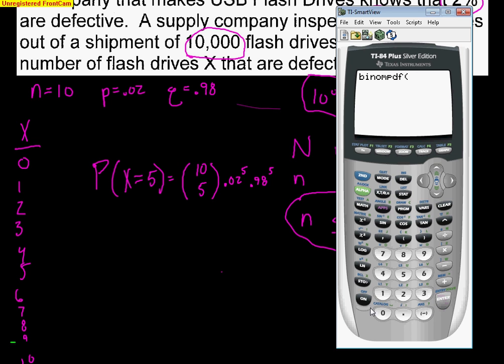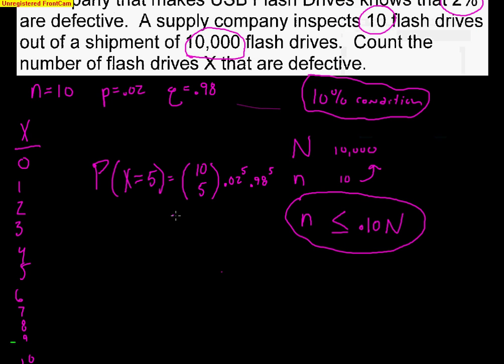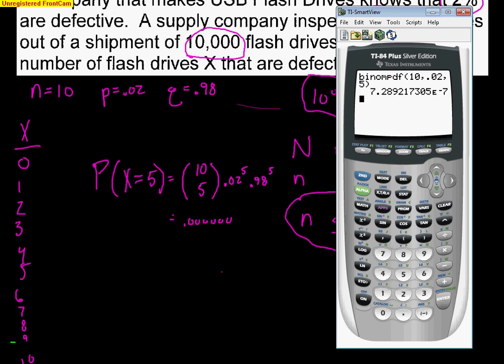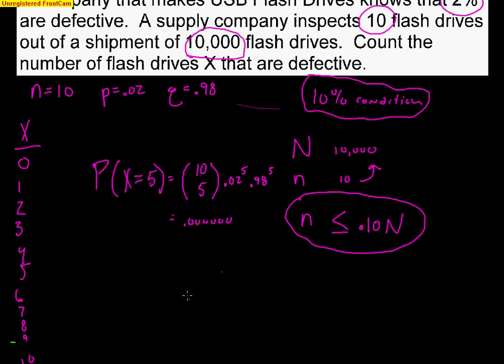So 10 chips I'm selecting, chance of being defective or successful, 2%, comma, exactly 5. When I do a PDF, this is exactly 5. So look at this answer. That's going to be point and then 6 zeros: point 1, 2, 3, 4, 5, 6, and a 7289. So very, very low.